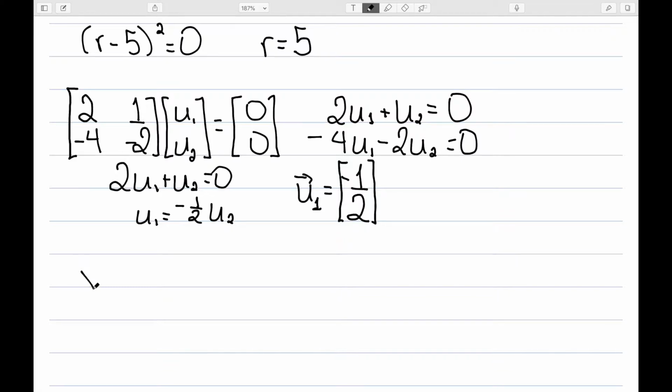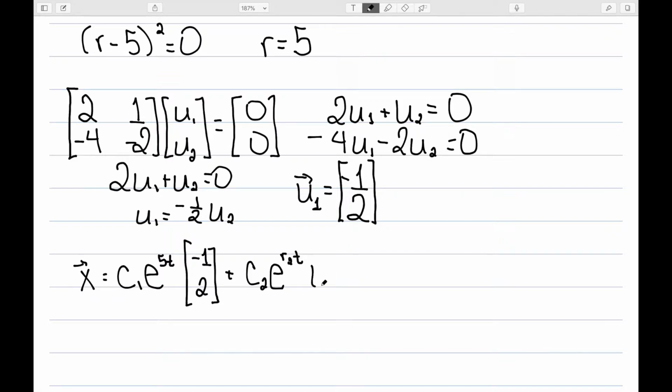In the past, when I wrote my solution at this point, I would have c1 e to the eigenvalue t, so e to the 5t, times this vector, plus c2 e to the other eigenvalue times t times the other eigenvector. However, I don't have this. This part is missing right here.